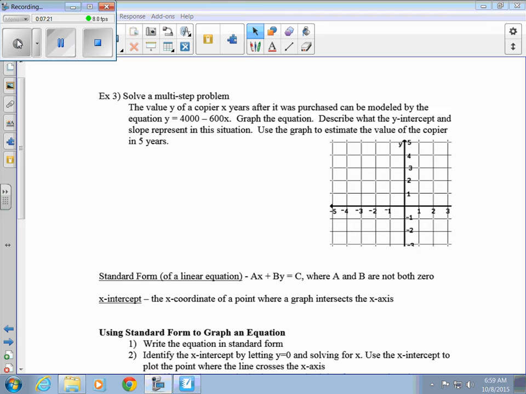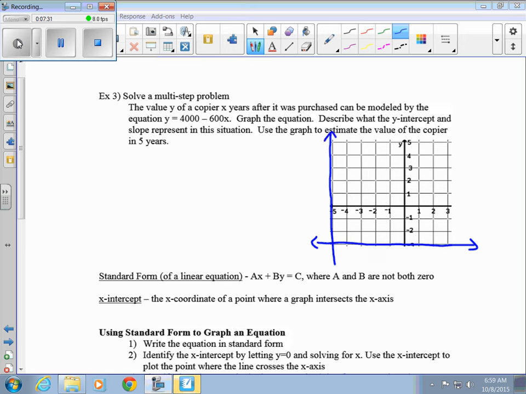So the first thing that we're going to do is change the graph here. I'm going to make this the origin 0, 0. And so we're looking for 5 years. We'll go by ones on the years. So this is 1 year, 2, 3, 4, 5, 6, 7, 8.